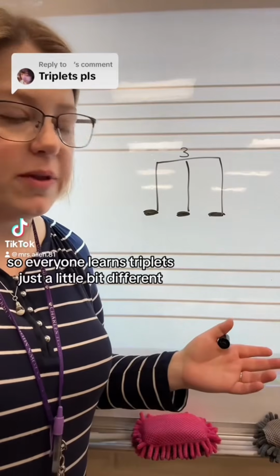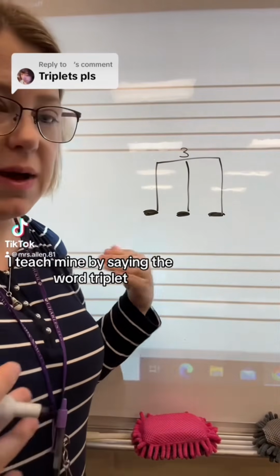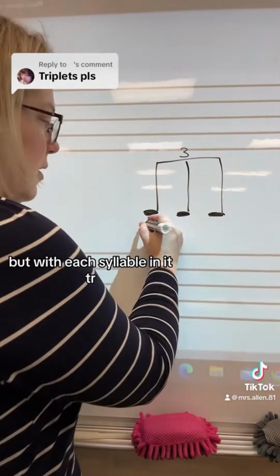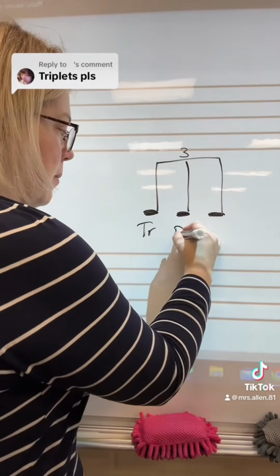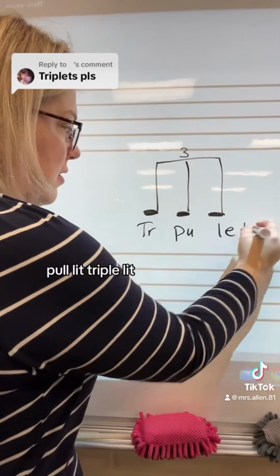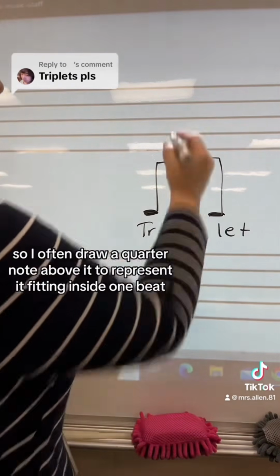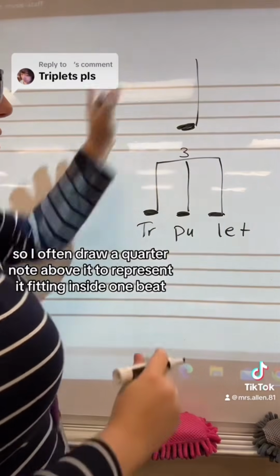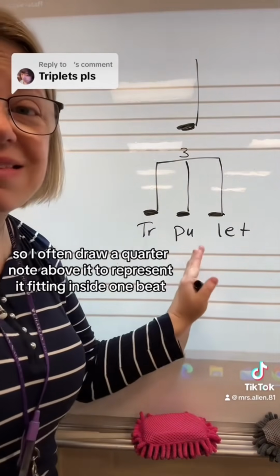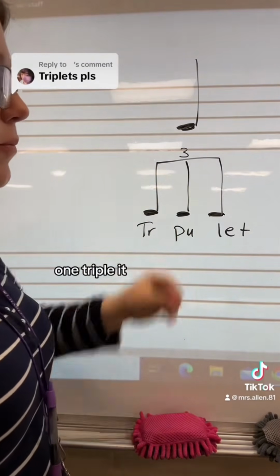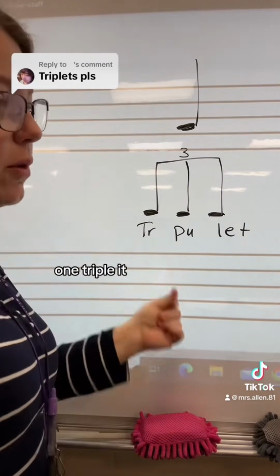So everybody learns triplets just a little bit different. I teach mine by saying the word triplet, with each syllable in it. Triplet. And it all fits inside 1 beat. So I'll often draw a quarter note above it to represent it fitting inside 1 beat. 1, triplet. 1, triplet.